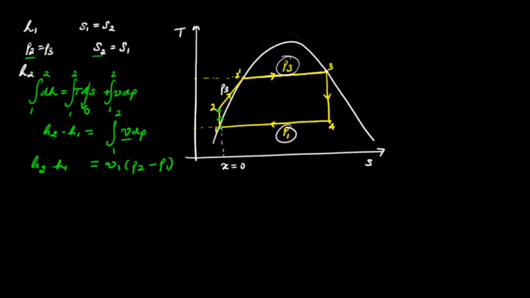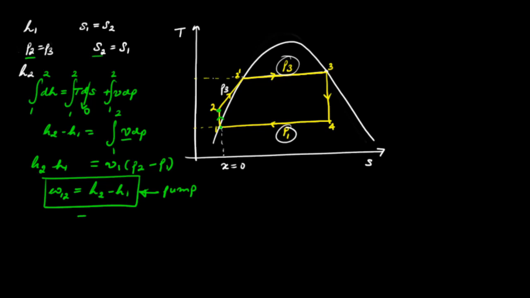So the difference in these enthalpies is the work that is done in this process. This is the work done in pumping the liquid from state 1 to state 2, that is from lower pressure to higher pressure.